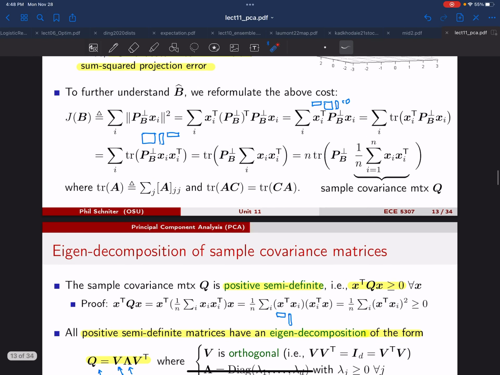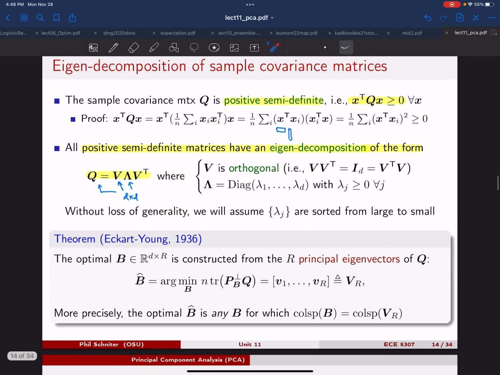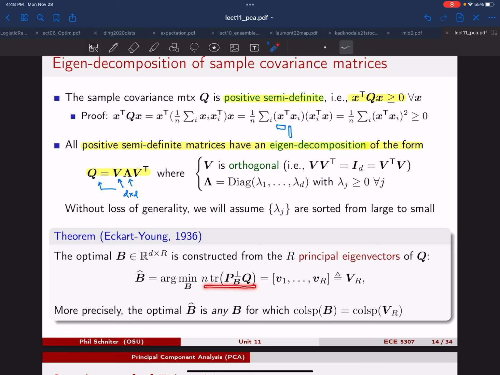We've written our cost in terms of this N transpose PB perp Q, and this is saying if you want to minimize this by choosing B, you should choose B as the matrix constructed from the R principal eigenvectors of Q. And to be technical, you don't need to choose only that B. You can choose any B for which the column space is the column space of VR. But certainly this one works, and this is the one we'll focus on.